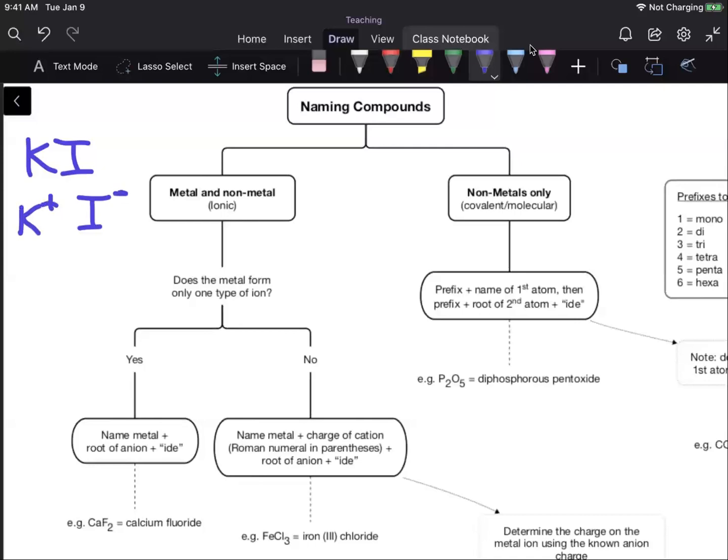So our compound is balanced between 1 plus and 1 minus, and the compound itself has no charge. Now we just name the metal, potassium, and we name the root of the anion, which is iod, and then ide. So when we write our name, potassium iodide.